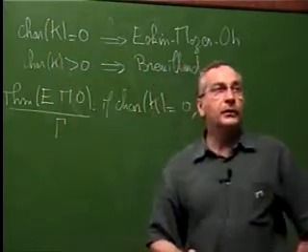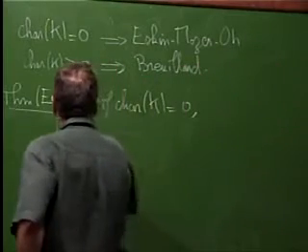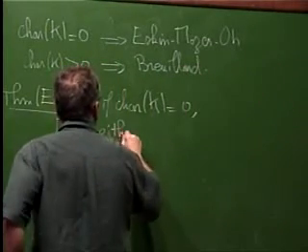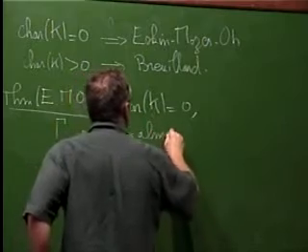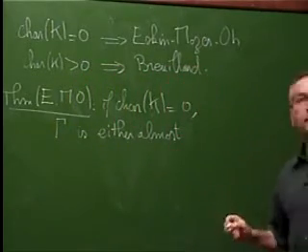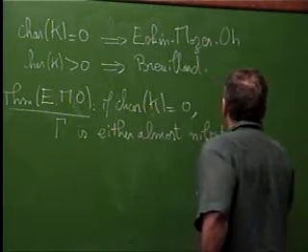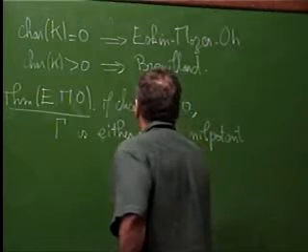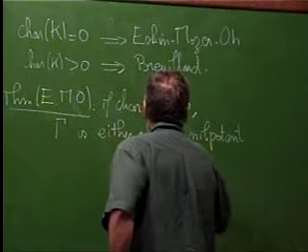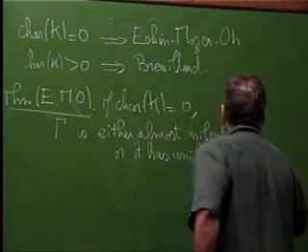For those who know, the Tits alternative is very similar. The group gamma is either almost nilpotent. These are words that I wanted to pronounce, and I will describe what it means. Or it has uniform exponential growth.